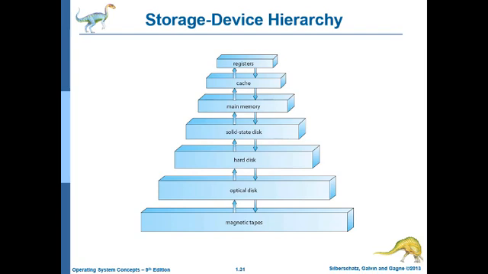Bigger than cache memory is the main memory, which is usually in gigabytes. Then you have solid state disks, which are also in gigabytes but bigger, for example 256 gigabytes. Then you have hard disks, which are usually 500 gigabytes or terabytes, 1 terabyte, 2 terabytes. Finally, you have optical disks.